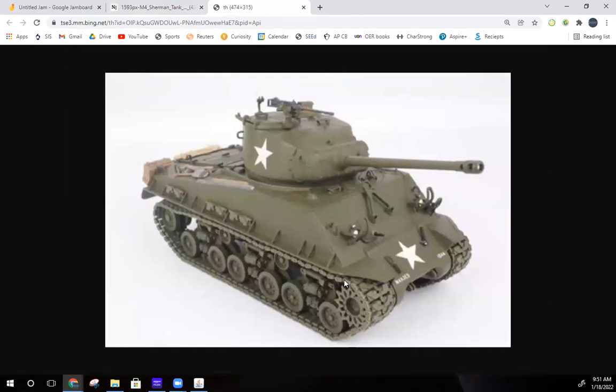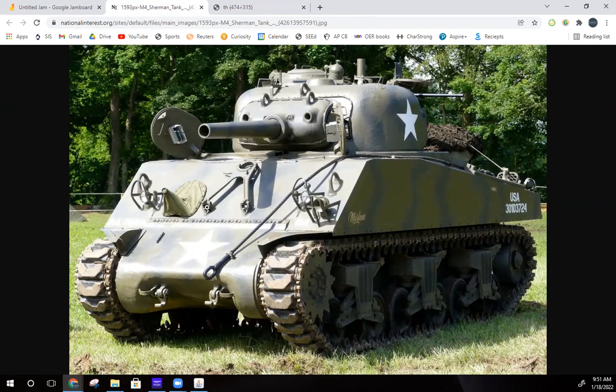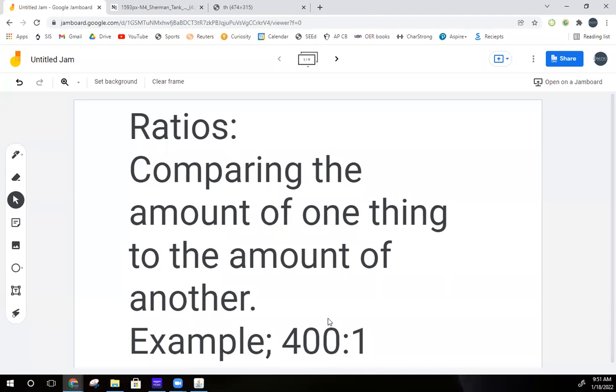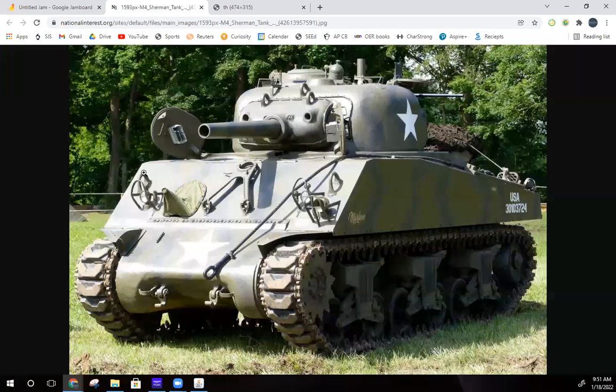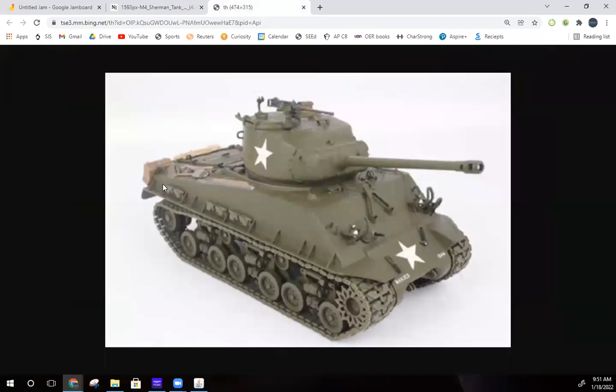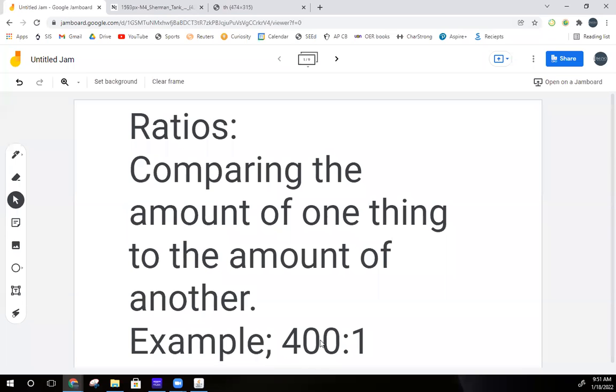So this model of this tank is probably maybe a 400 to 1 model, meaning that for every 400 centimeters on the real thing, we'd have 1 centimeter on this thing. So 400 to 1, meaning that there's 400 centimeters to every 1 centimeter on the model. That's a ratio.